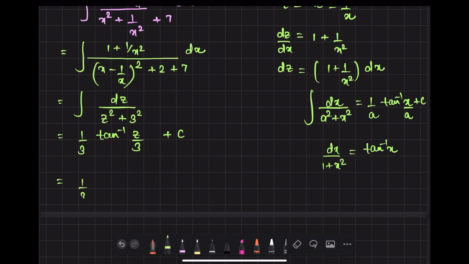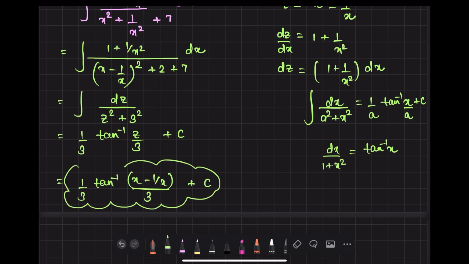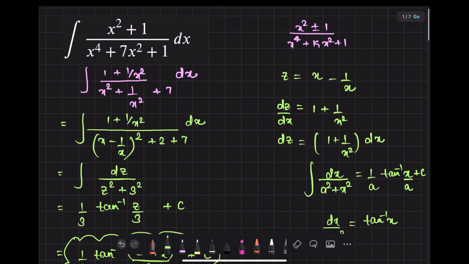So we have 1 by 3 tan inverse, and who is the z? z is x minus 1 by x, all by 3, plus integrating constant c. So this is the answer. Okay, I hope this question is clear now.